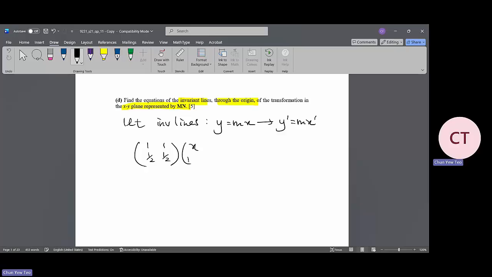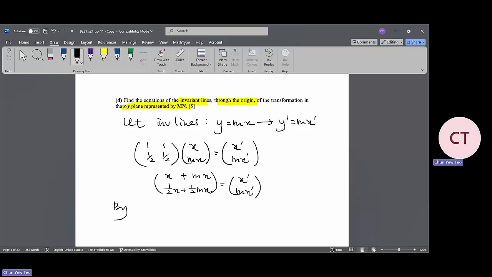Multiply the object, then you will get the image. So just expand them. You get x plus mx, half x plus half mx, and you get x prime, mx prime.